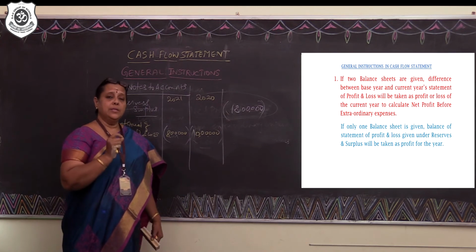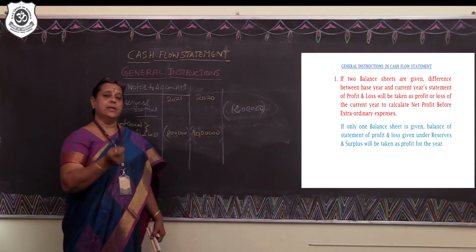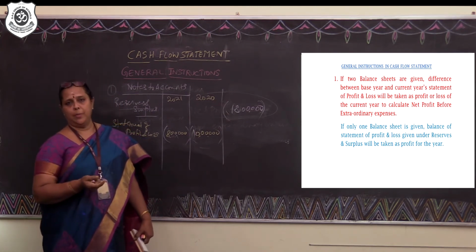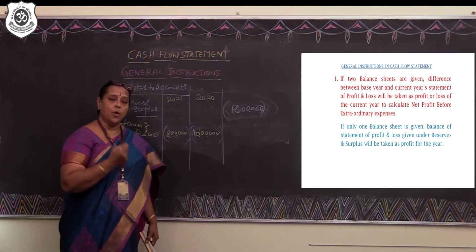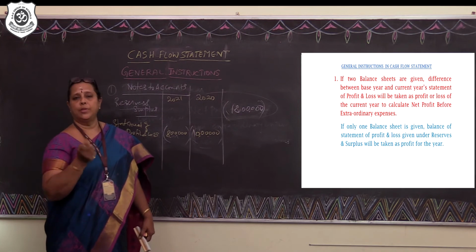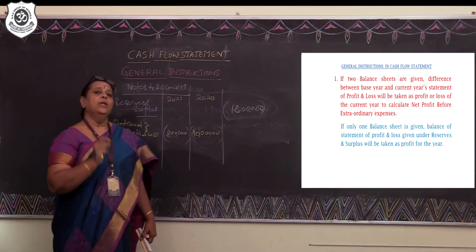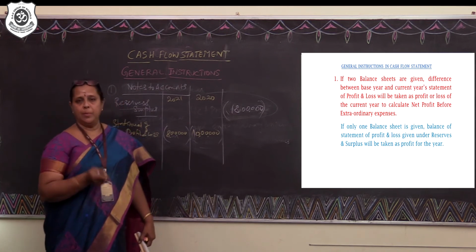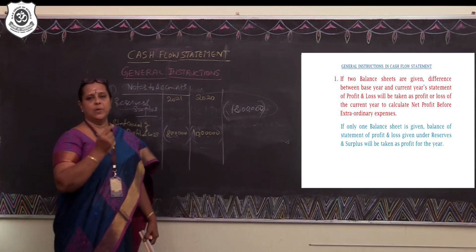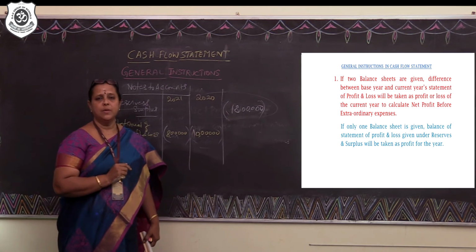In case the base year is showing a favorable balance and current year is also showing a favorable balance, the difference between current year and base year will be a profit or loss for the current year straight away. Suppose current year is favorable balance and base year is an unfavorable balance, minus of minus becomes plus.